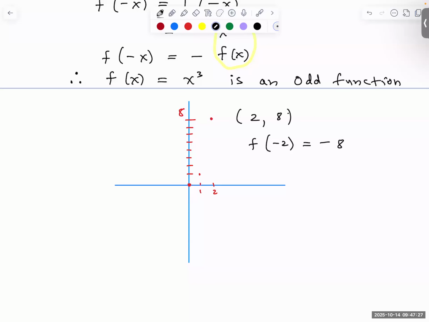So if we reflect that point 2 comma 8 over the x-axis and over the y-axis, we get its image over the origin. So going down, this would be negative 1, 2, 3, 4, 5, 6, 7, negative 8. And we'll get a point on the graph at x is negative 2. Function value is negative 8.